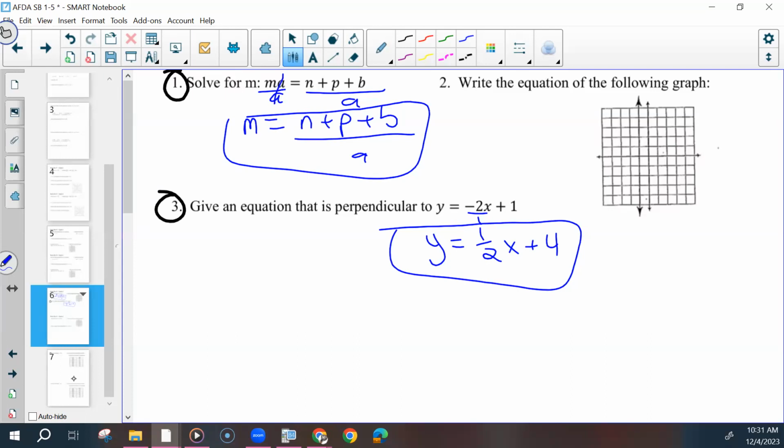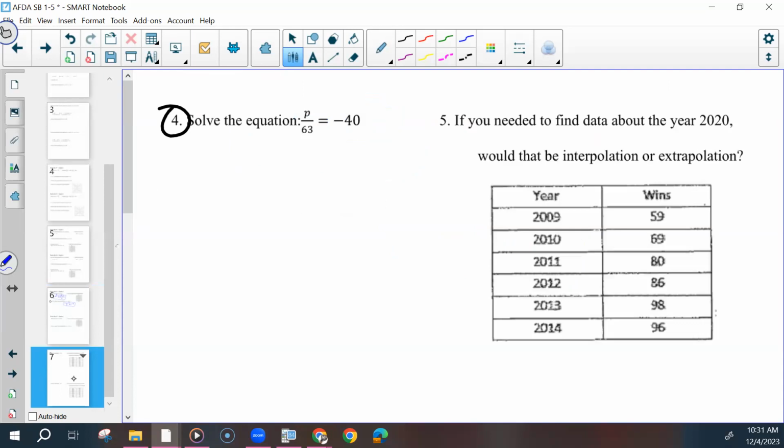And then 3, 4. So we are solving this. You could do this one of 2 ways: either cross multiply, because this is over 1, or just get rid of 63 by multiplying. You end up doing the same thing, really. You multiply those 2 numbers, what do you get? Someone multiply those 2 numbers and tell me what you get.